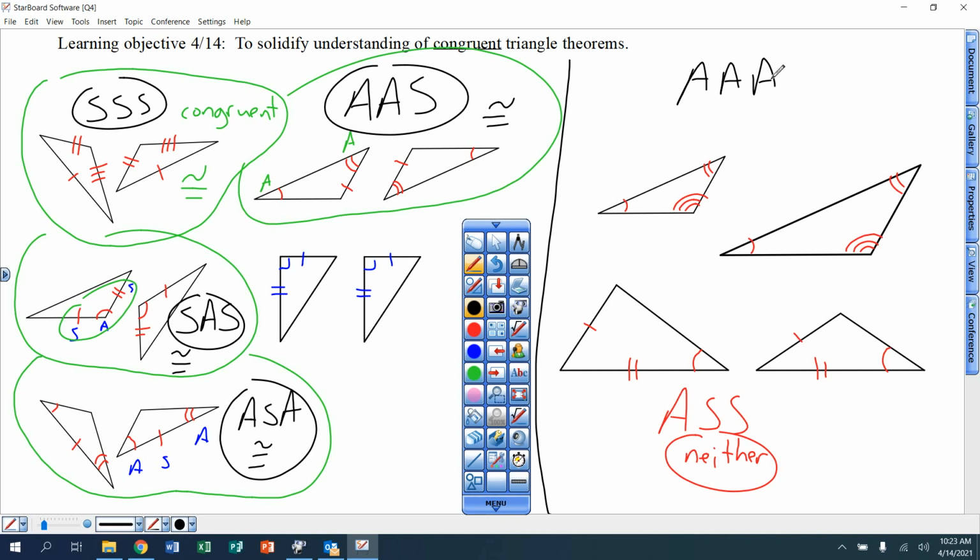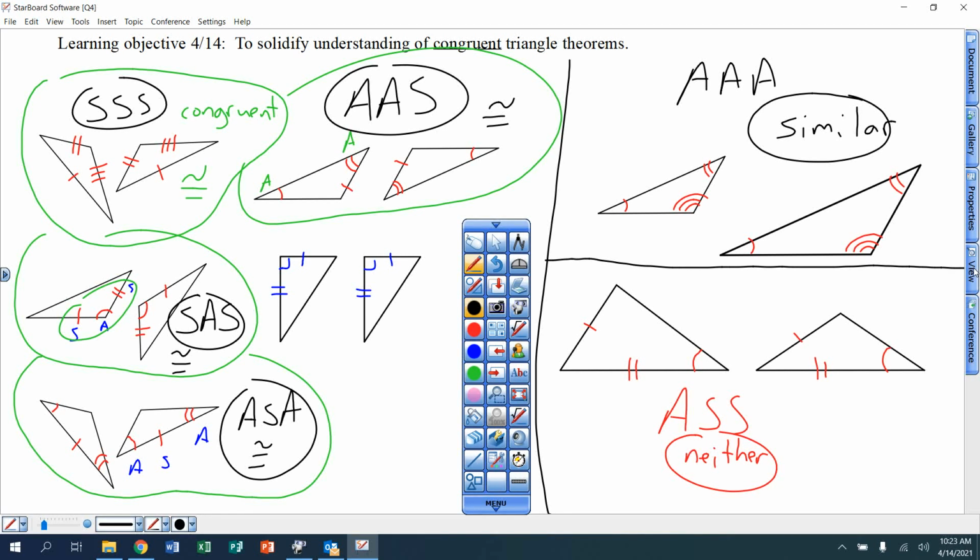It makes like a big daddy triangle and a little baby triangle. They're not congruent. They're similar. See how they're similar? But they're not congruent. So triple angles just proves that they're similar, that they have the same shape, but one is bigger or smaller than the other. Similar. If you said those are congruent, you would get marked off.